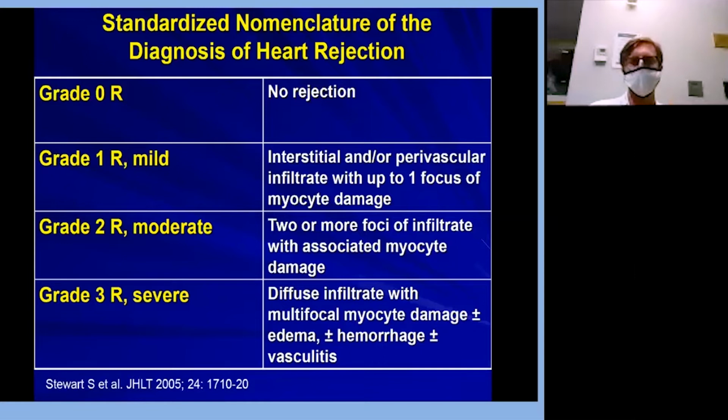This is having one focus of myocyte damage and lymphocytic infiltration. This is considered an acceptable level of rejection. We don't treat that. We're very happy if it's 1R. 2R is having 2 or more foci of infiltrate associated with myocyte damage. 3R is severe. There's diffuse lymphocytic infiltrate, multifocal myocyte damage, and edema, hemorrhage, vasculitis, etc.